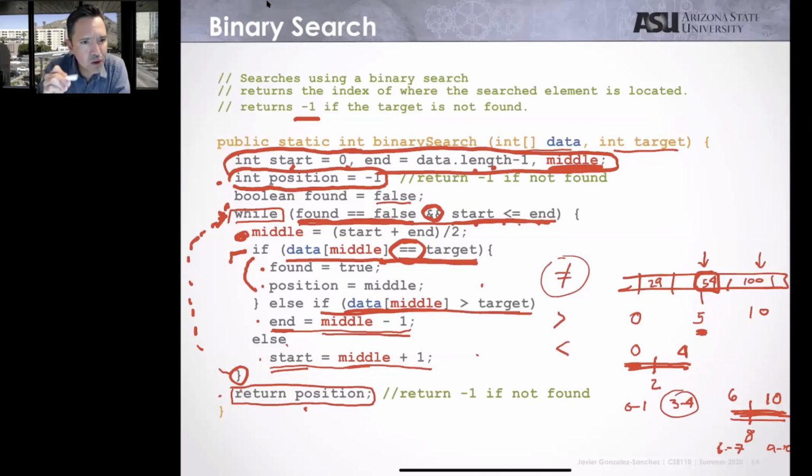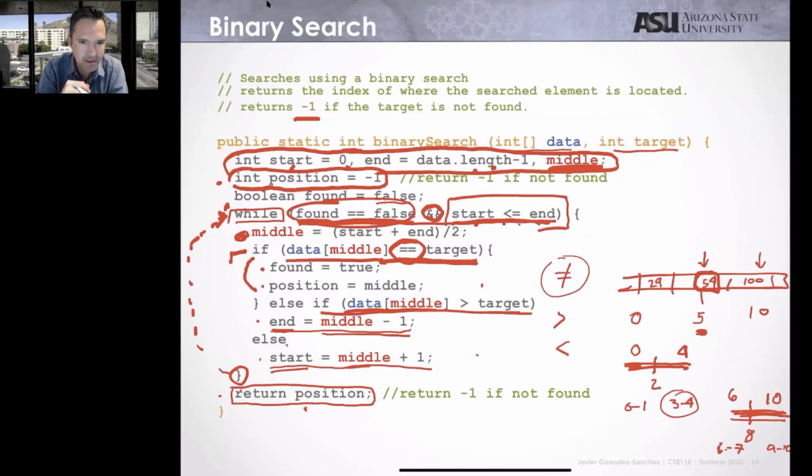And basically we're going to do that again and again and again until we stop here, and that means the start and the end crossed, which means the element that we're searching is not there, or we found what we are looking for.